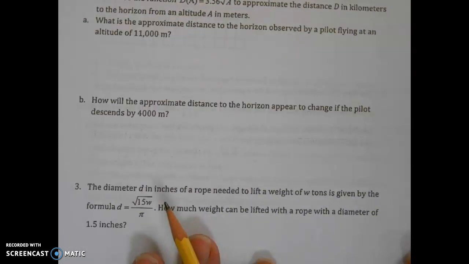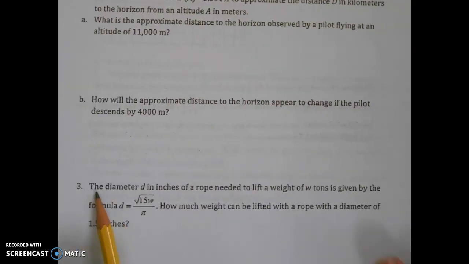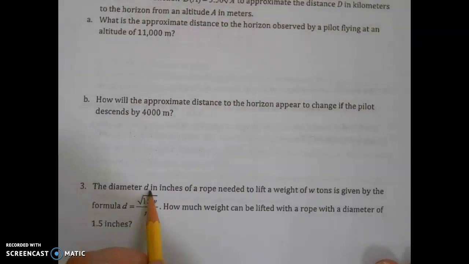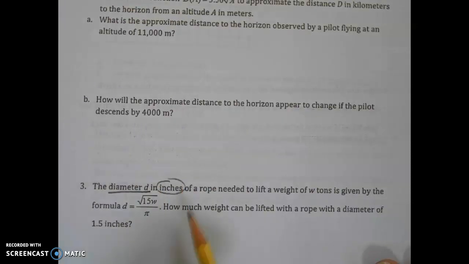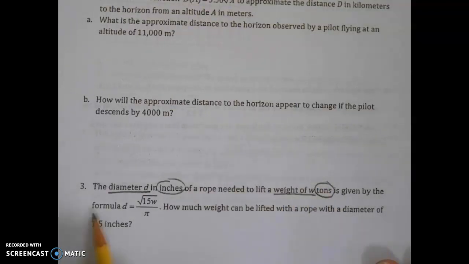Let's go down here and look at number 3. The diameter d in inches of a rope needed to lift a weight of W tons, so W is weight, units is tons, is given by this formula. How much weight can be lifted with a rope with a diameter of 1.5 inches?